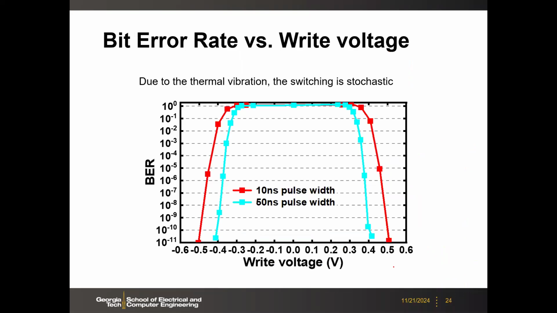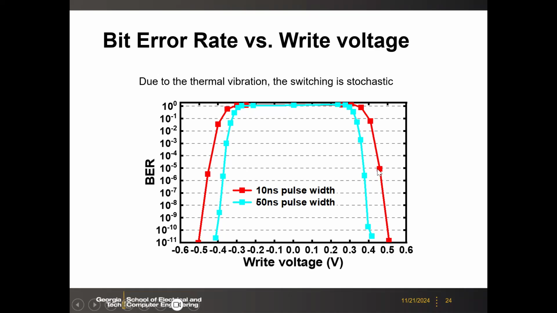Okay, so then the other thing is the switching, because of the thermal vibration, the switching is stochastic. Okay, so if you measure the bit error rate, that means the failure of the switching, as a function of the write voltage, then you will see that if you increase the voltage, that means larger current, then you can make the switching pretty deterministic.